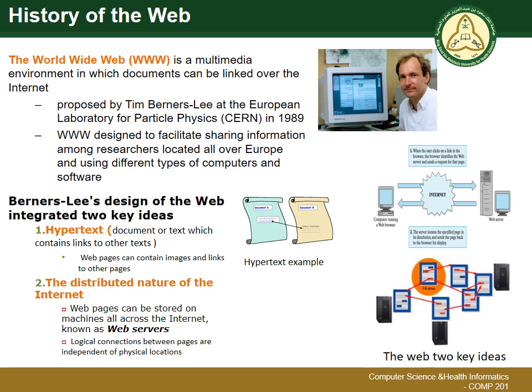Hypertext is a document or text which contains links to other text. So a web page can contain images or links to other pages. And here is an example of hypertext that has a link to another document. The second key idea is the distributed nature of the internet. Web pages can be stored on machines all across the internet, known as web servers, which can store the web pages and serve them to other computers that want to access them.